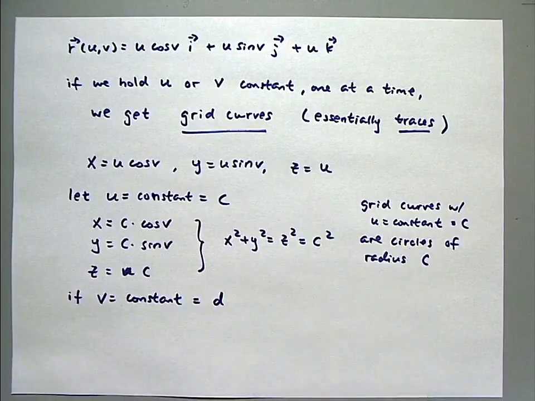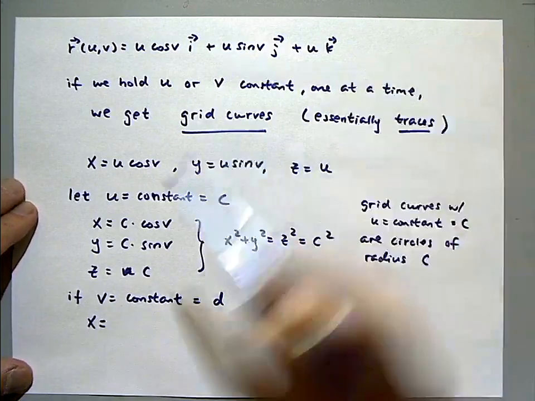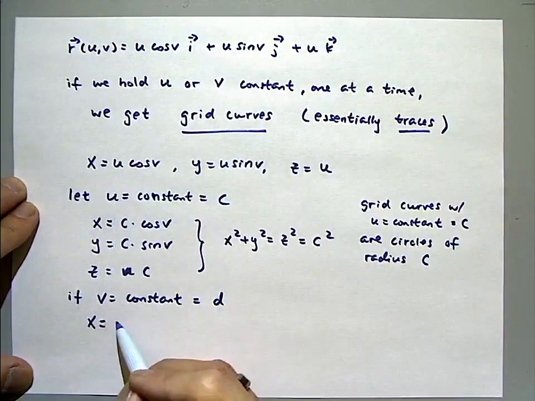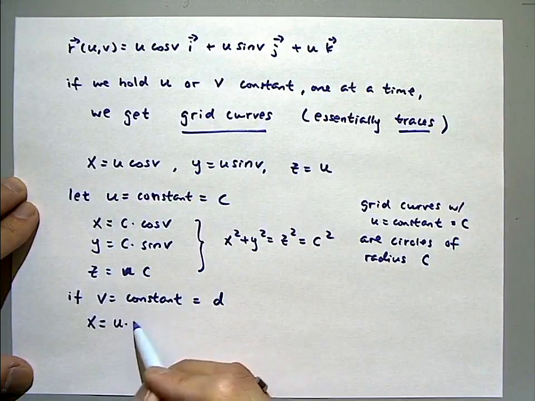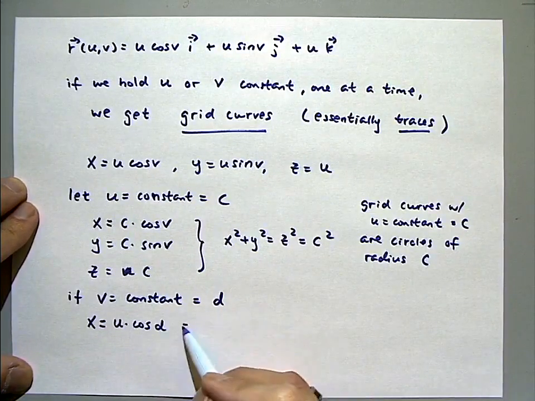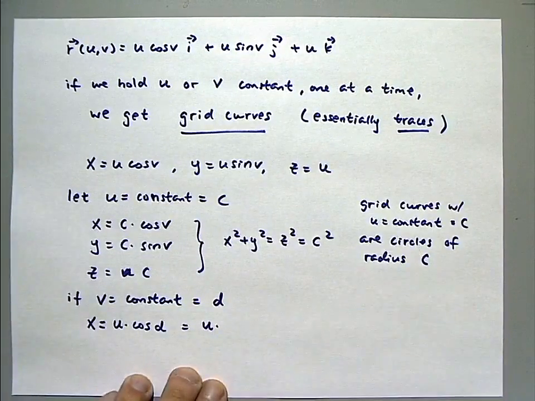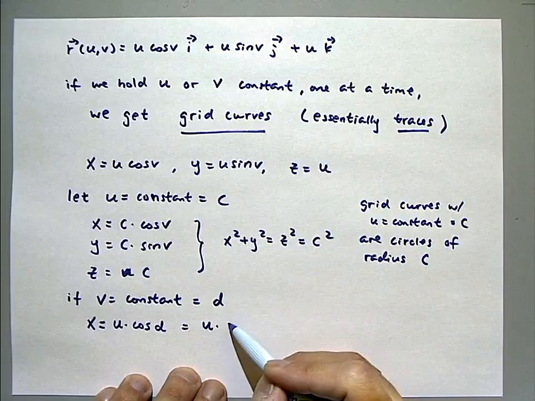And let's say that v is a constant. We'll use d here just to use a different symbol. Then x is u times cosine of d, which is u times some constant. I'm out of numbers, let's use a here.